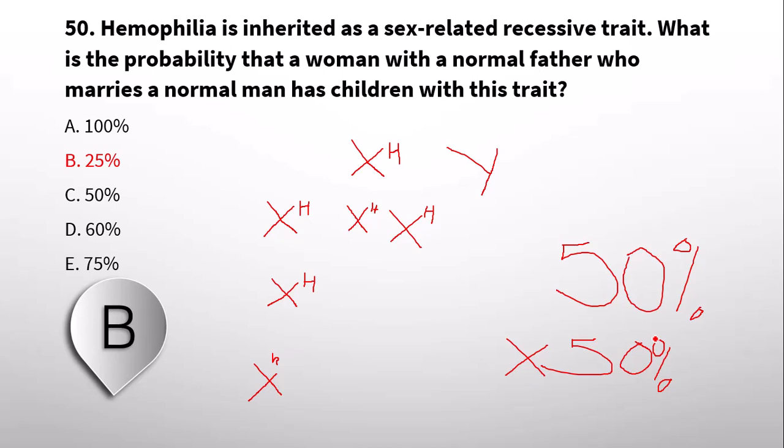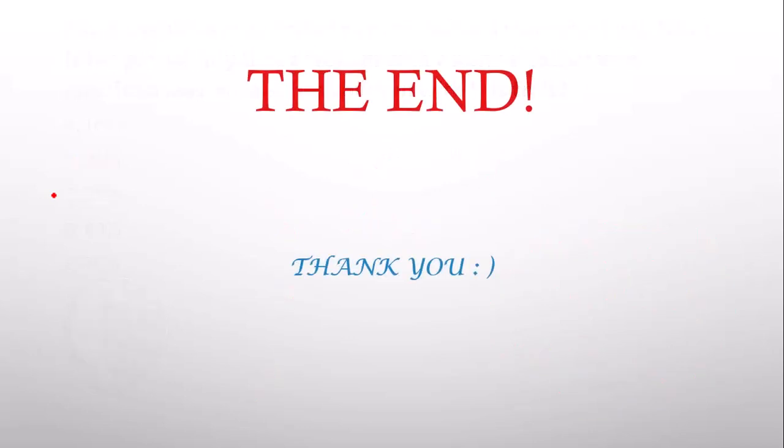That gives us 25%. Or she is not a carrier, and she is XH XH big H's. The probability of her having a child with the trait is 0, so we don't take care of that. So we have the final answer, which is 25%.